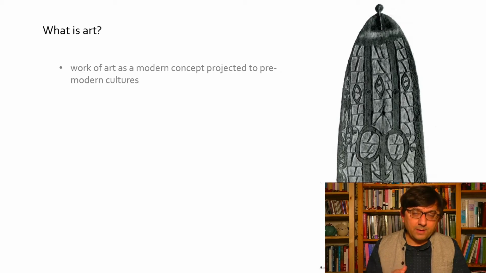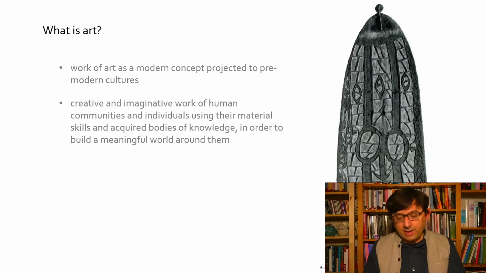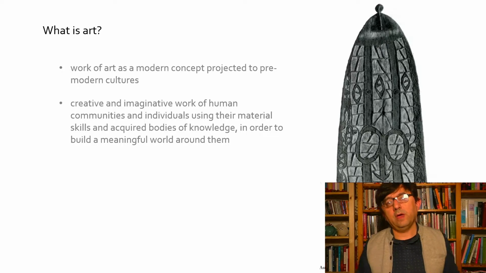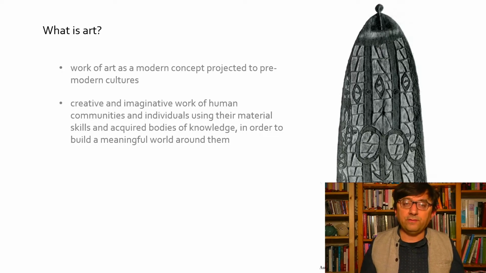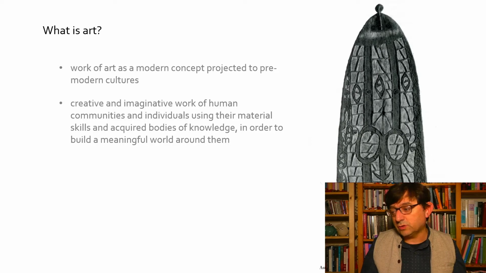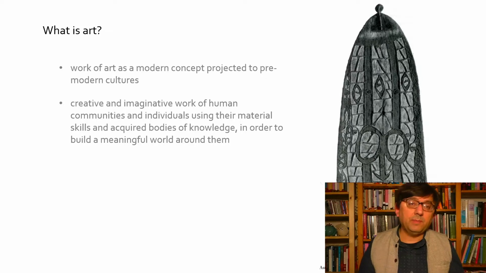And so we're going to be a little skeptical about this definition, but I'm going to try to bring in something more inclusive for the ancient world, like the creative and imaginative work of human communities and individuals using their material skills and acquired bodies of knowledge.